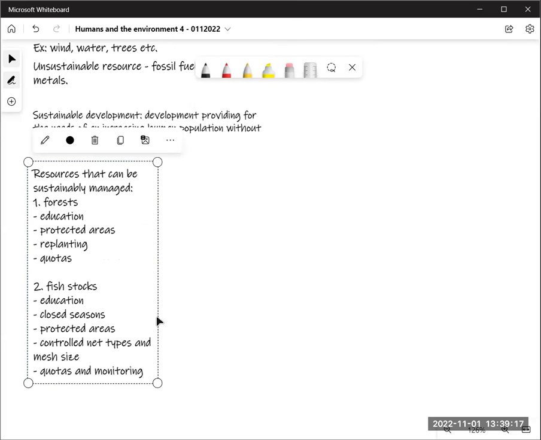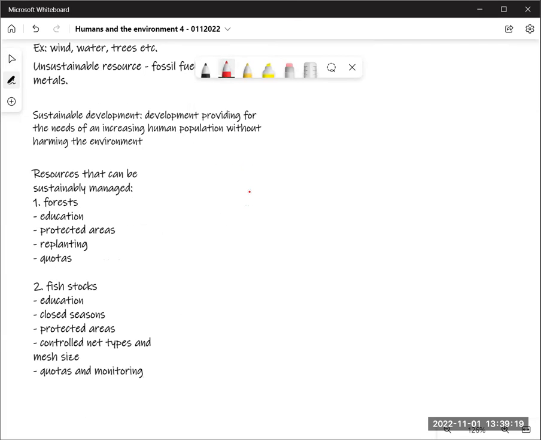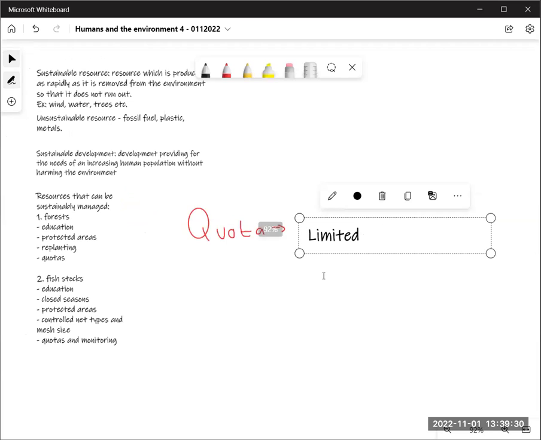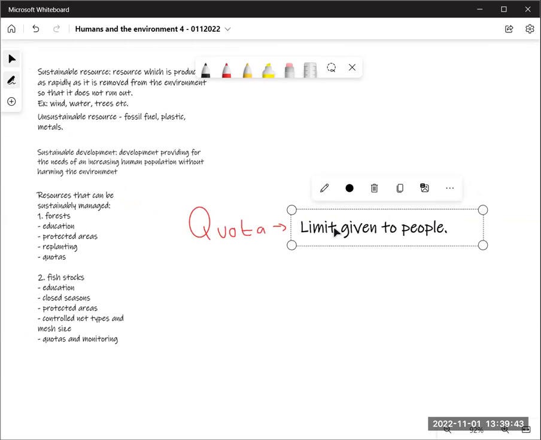What is a quota? Look, a quota basically means a limited threshold, or let's just say a limit given to people. What is a limit? Limit of something.